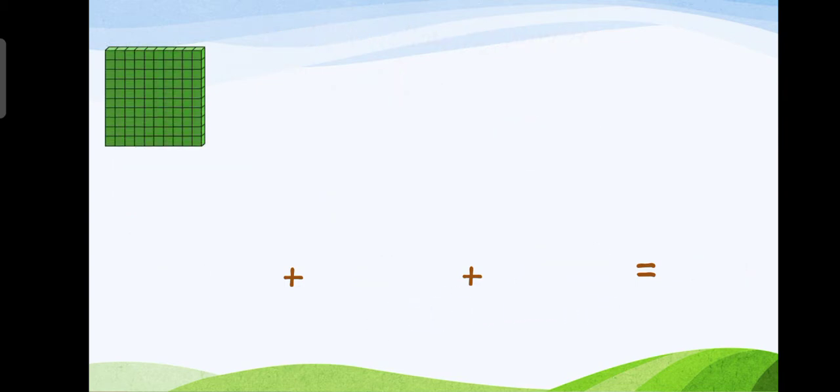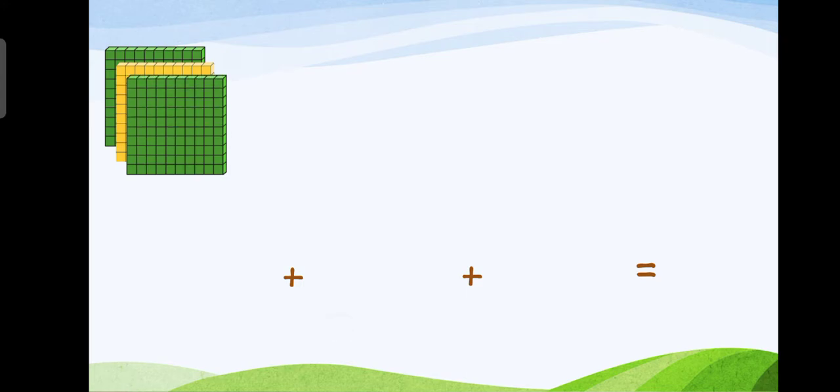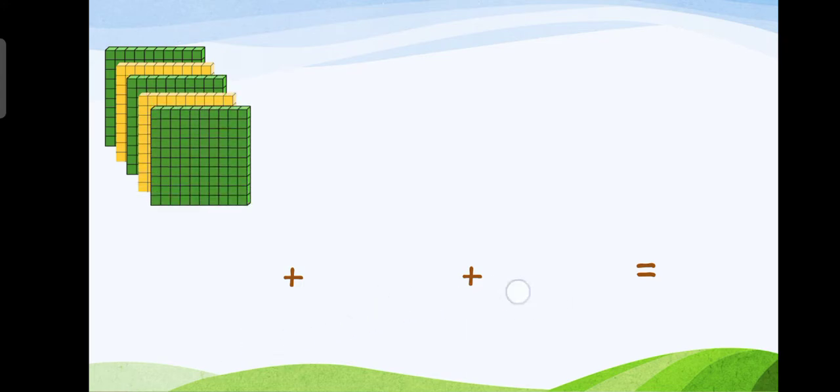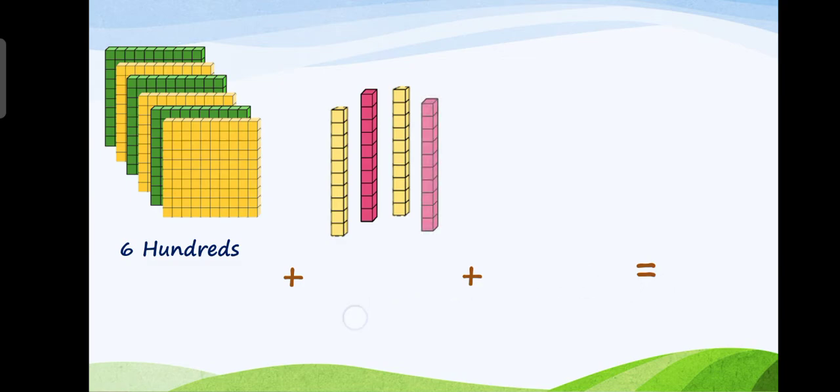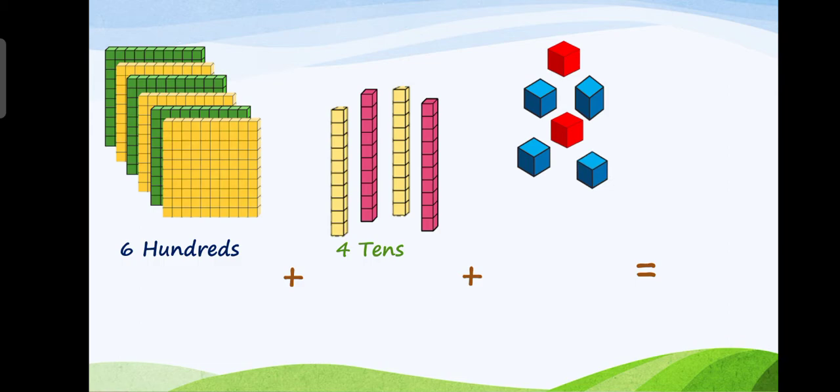Now, another example. How many blocks of 100? 1, 2, 3, 4, 5, 6, 600. How many tens? 1, 2, 3, 4, 4 tens. How many ones? 1, 2, 3, 4, 5, 6, 7 ones.